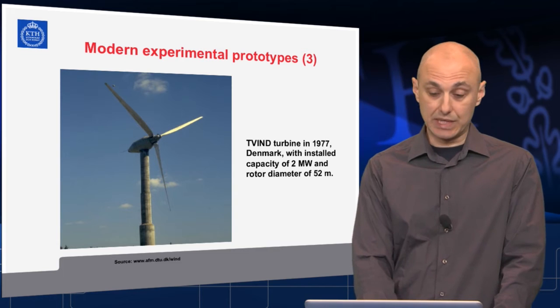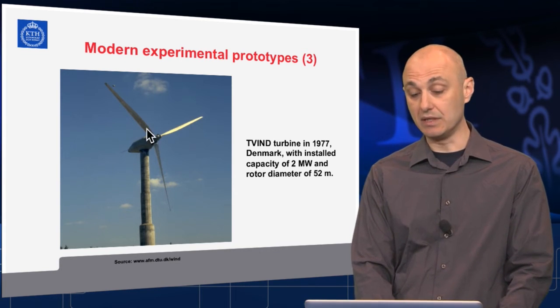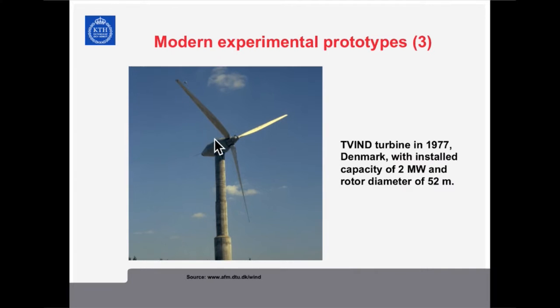Another very good Danish example, switching back to the downwind type, but still a three-bladed rotor, now with the first ever glass fiber blades, even if in the 70s they were still very new and experimental. Actually, these blades were changed once, maybe twice.